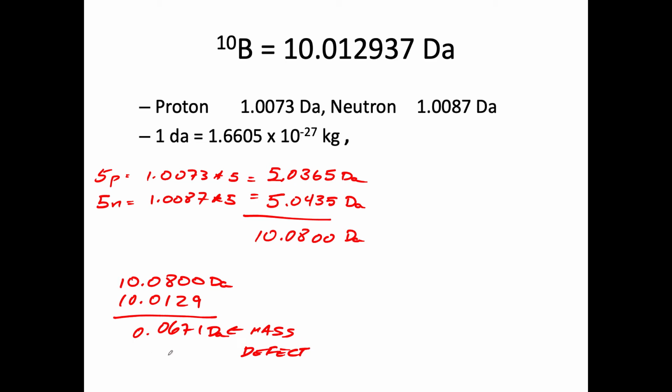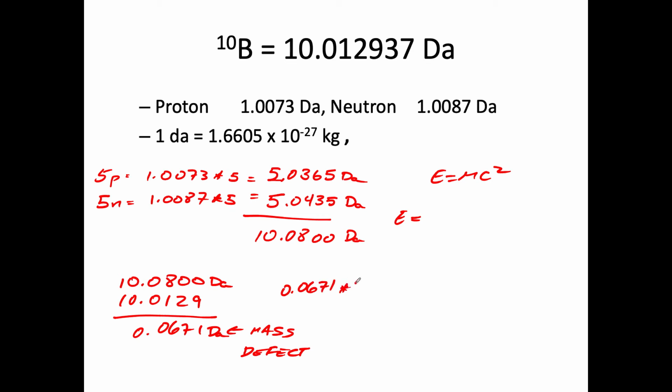So this mass is used by the atom to create binding energy, which helps supply the nuclear force to keep this together. So using E is equal to mc squared, we know E, that's the binding energy, is equal to the mass. Well, the mass is 0.0671, but it can't be in Daltons, it has to be in kilograms.